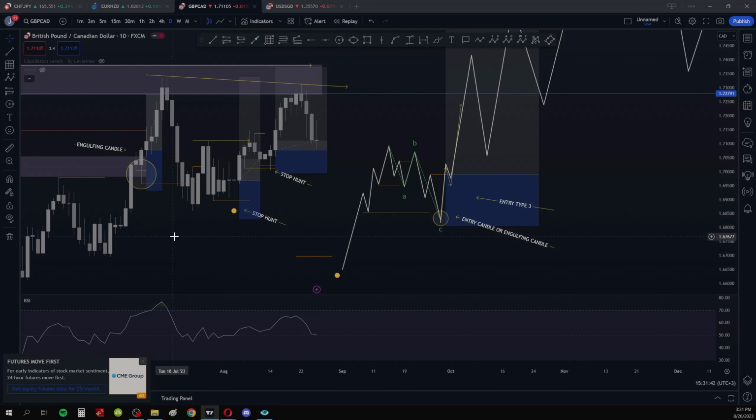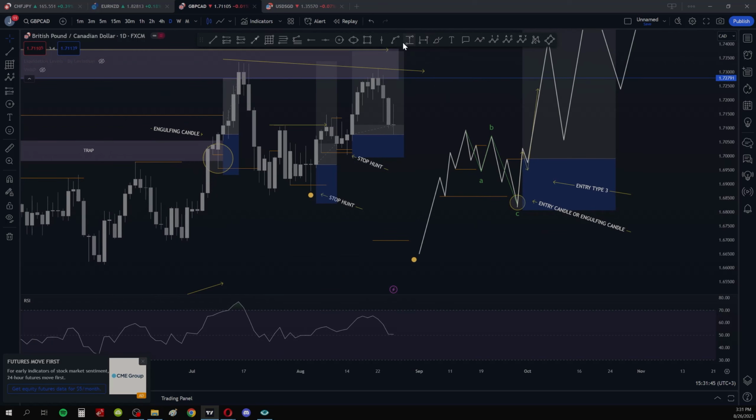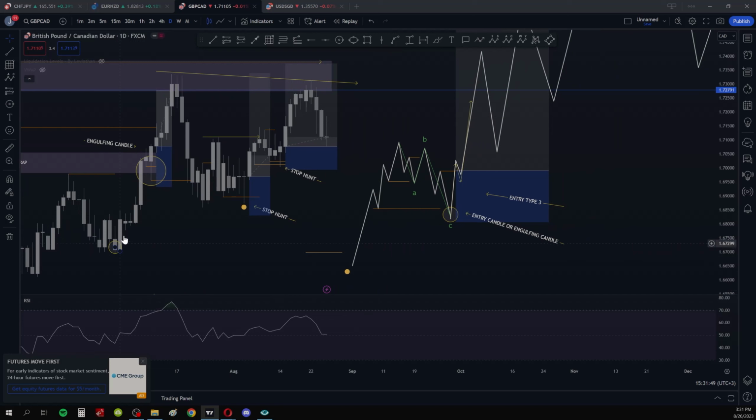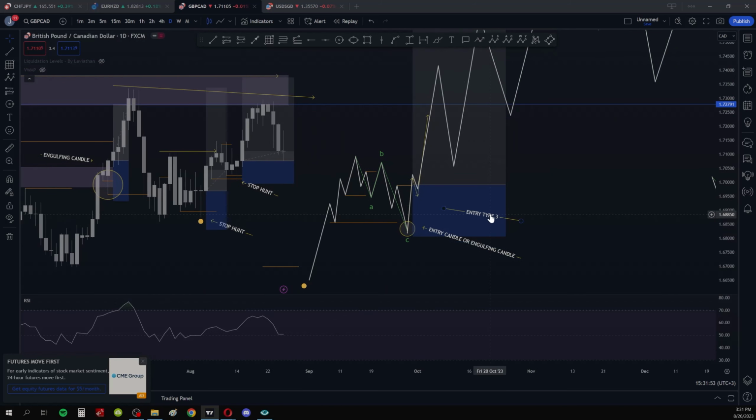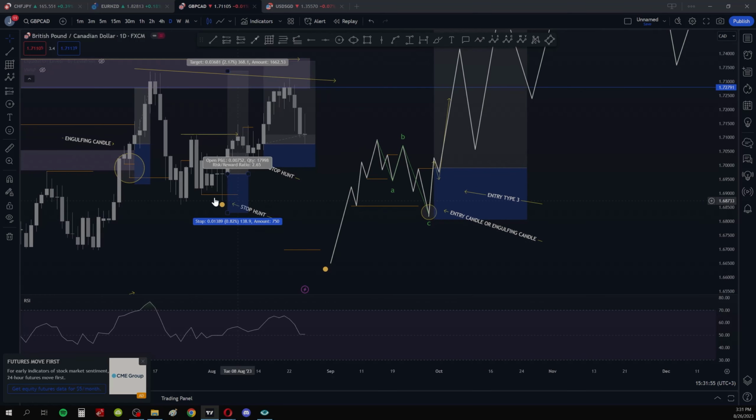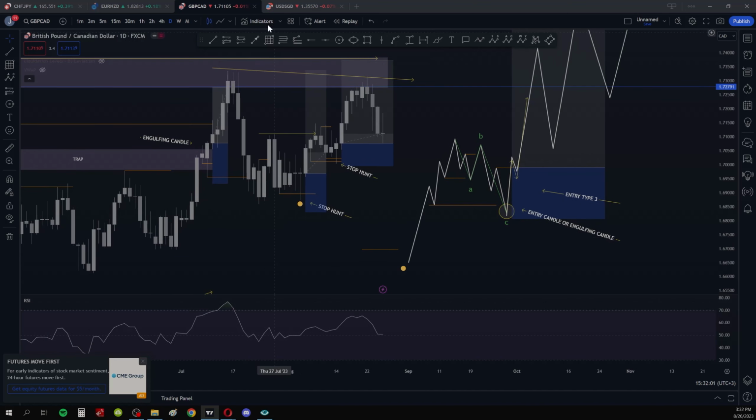So what we are looking for is not like the bottom, but it is the first pullback. Okay, in this entry type 3 we are just trading the first pullback, and it is a very safe place to enter because we already see the trend going up.